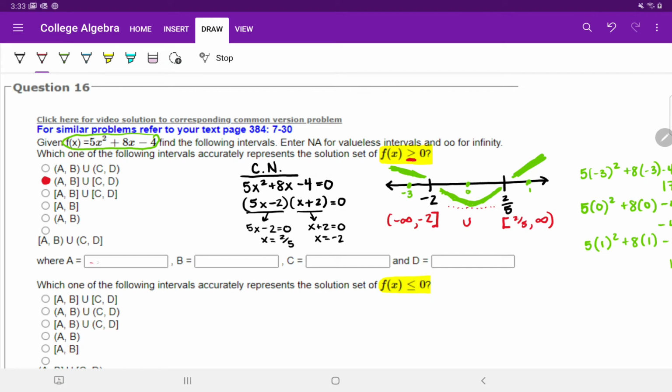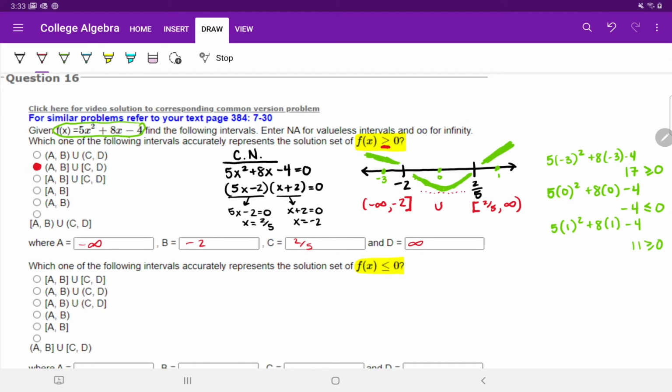And then they want us to put in A, B, C, and D. Now they're flipping the question around on us and asking us, for which of the following intervals do we represent f of x is less than or equal to 0? So I'm going to erase what I wrote. And now we're going to look at where we're less than or equal to 0.